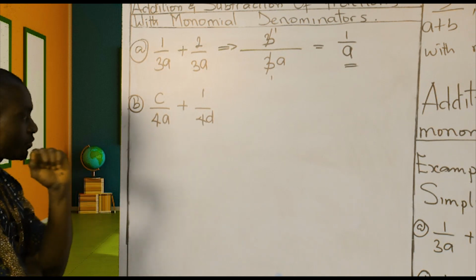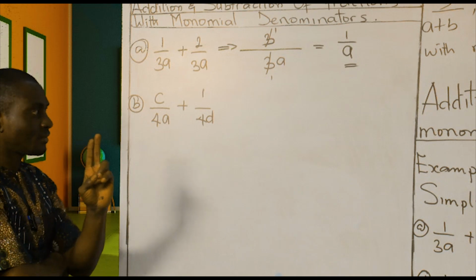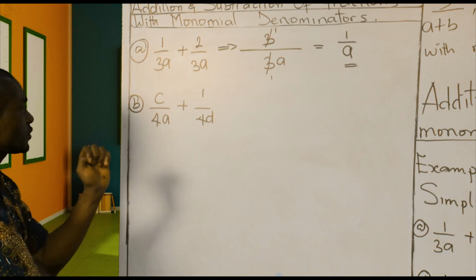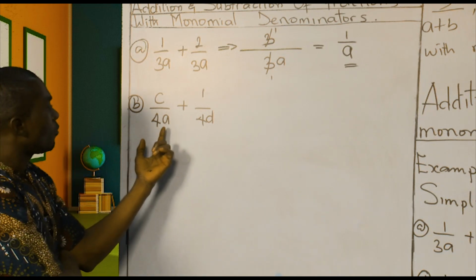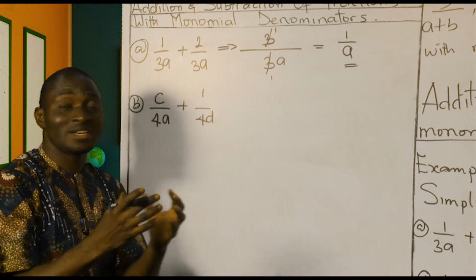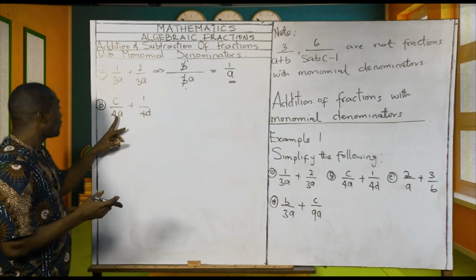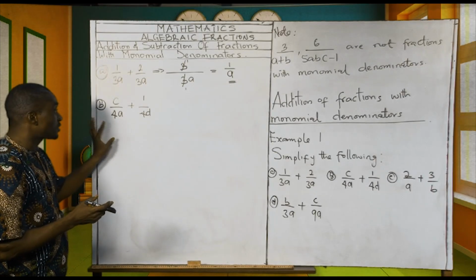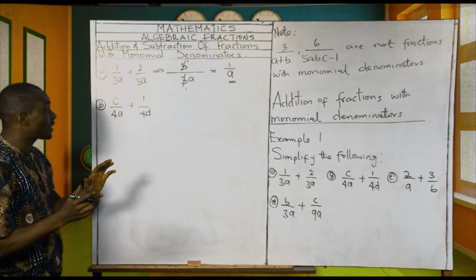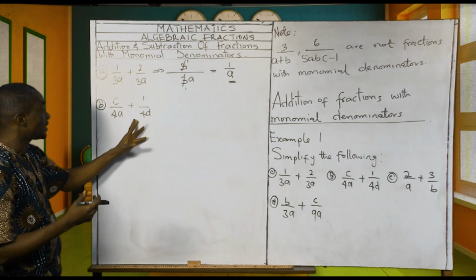What are you going to do? I will do this in 2 ways. First, we will find the LCM. I've taught you how to find the LCM of algebraic expressions. 4a is an algebraic expression, 4d is also an algebraic expression. So let's look for the LCM.